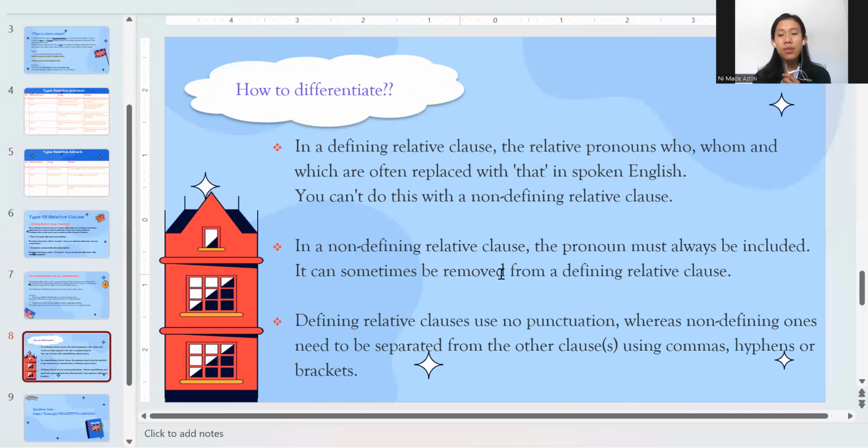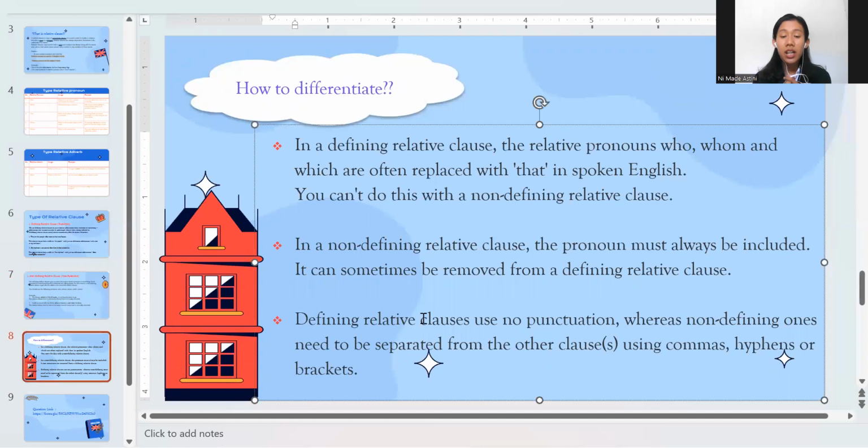It can sometimes be removed from defining relative clause. The last one, defining relative clauses use no punctuation, whereas non-defining relative clauses need to be separated from the other clause using commas, hyphens, or brackets.